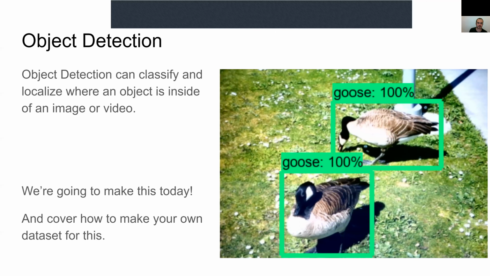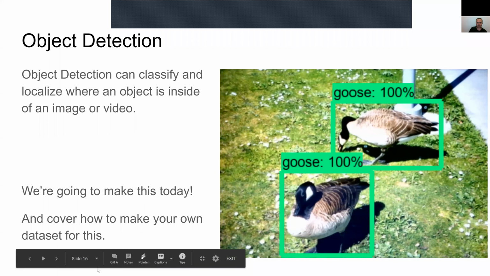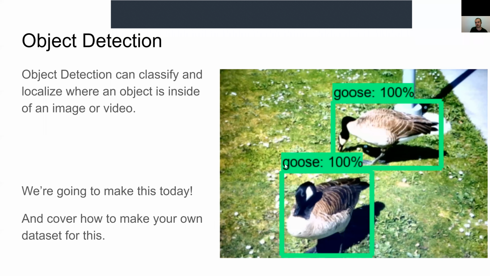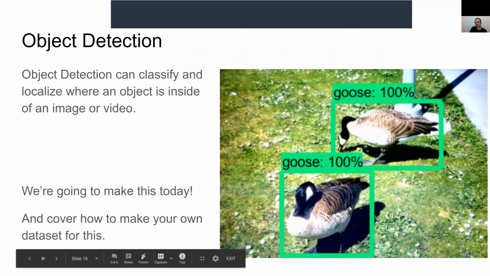Object detection can classify and localize where an object is inside the image or in video. And this is what we're going to make today, and cover how to make one with your own data set. So here, instead of just saying goose, like the classification would say, hey, there's a goose in this photo, this is actually drawing boxes where the geese are. So it understands that this is a goose and this is a goose, and where they are in the photo, and draws a box around it.